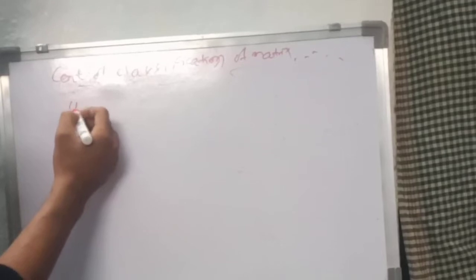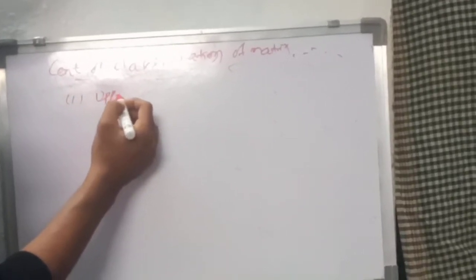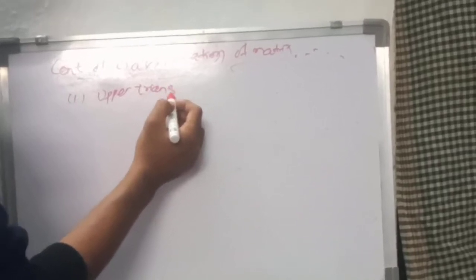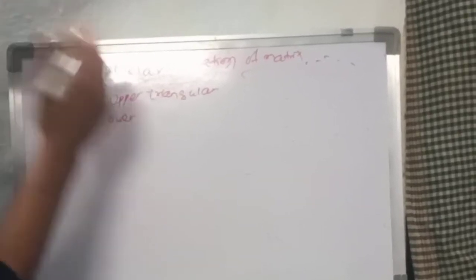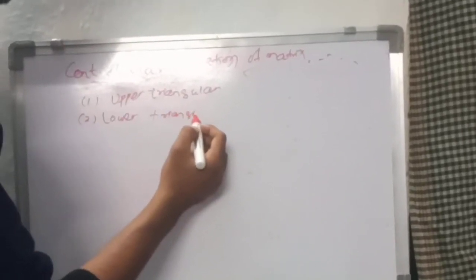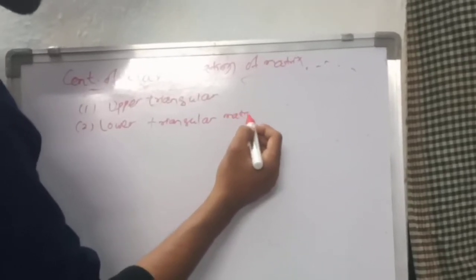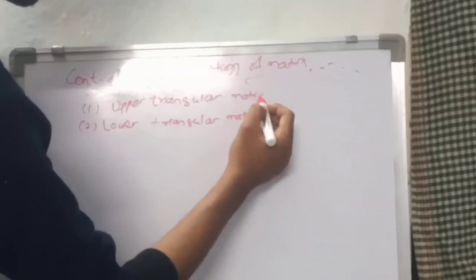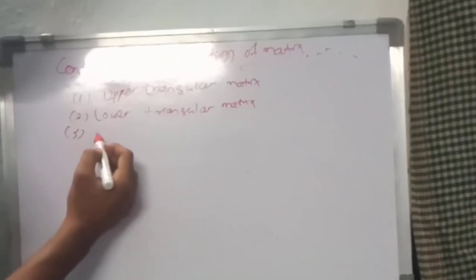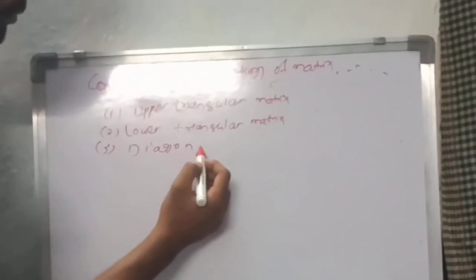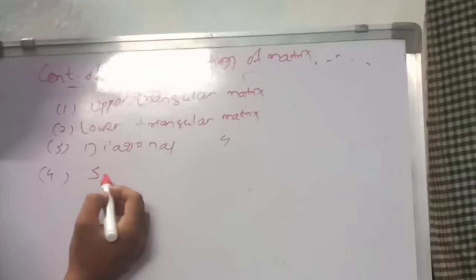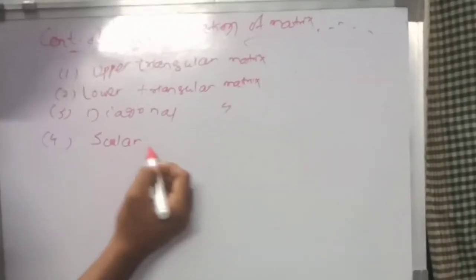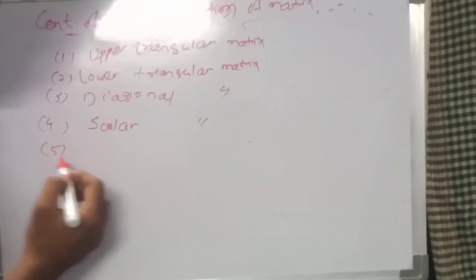Again, we can divide the matrices into different types: one, upper triangular matrix; second, lower triangular matrix; three, diagonal matrix; four, scalar matrix; five, identity matrix.